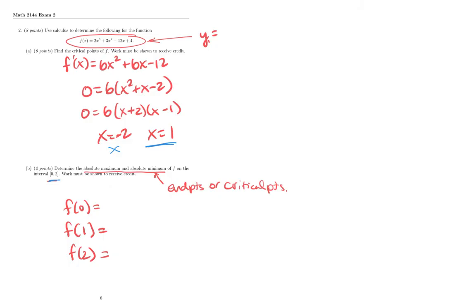But then I can hit my trace feature here, and I can just type in the value 0 and trace, and that will be at the y value is 4. And then if I type in the x value 1, I get the y value -3, and then if I type in the x value 2, I get y equals 8. So this one here is my absolute max, and this here is my absolute min.